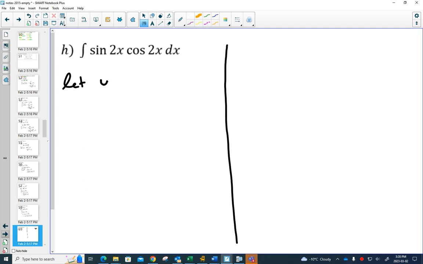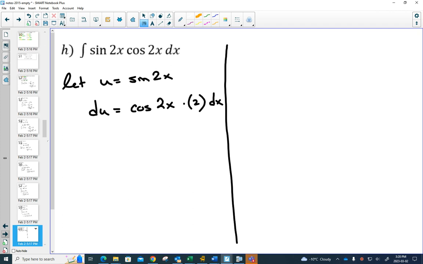If you let u equal sine 2x, then du would be cos 2x times 2, because you have a chain rule, dx. Do you see that part?